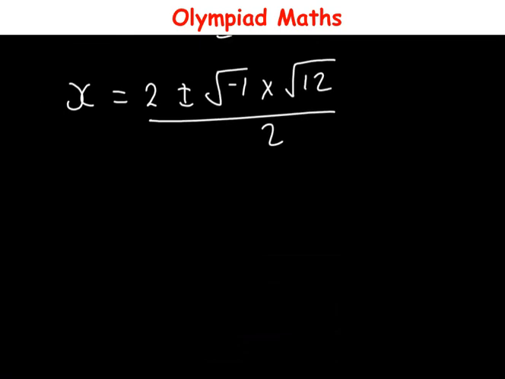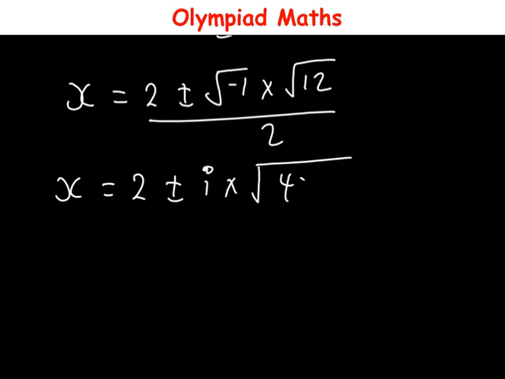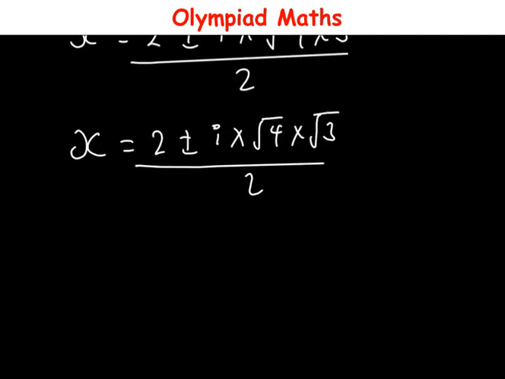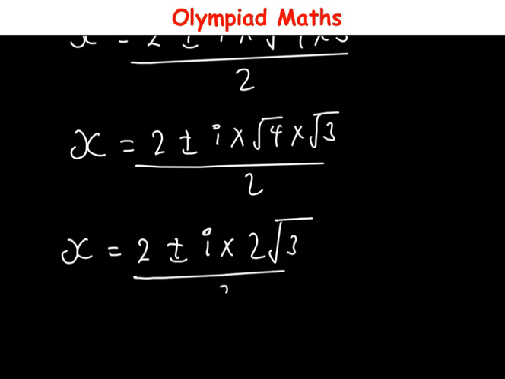Shows that from here, the value of x is equal to 2 plus or minus root minus 1 is i, times root 12, which can be written as root 4 times 3, then all over 2. So x is equal to 2 plus or minus i times root 4 times root 3, all over 2. So with this, the value of x is equal to 2 plus or minus i times root 4 is 2, times root 3, then all over 2.